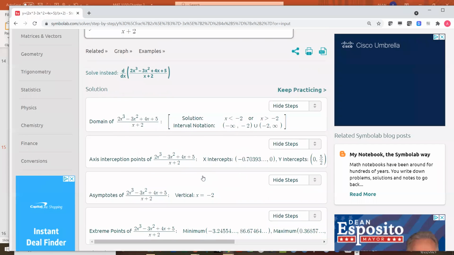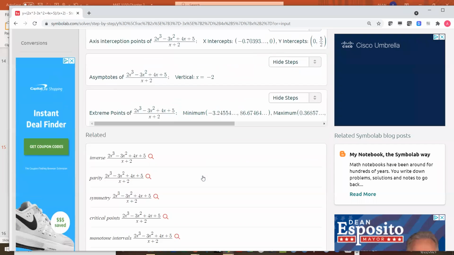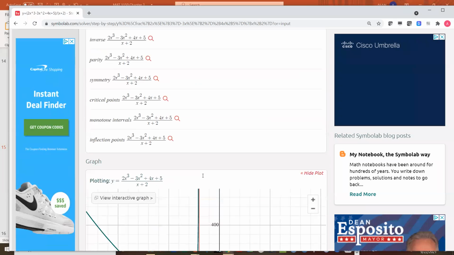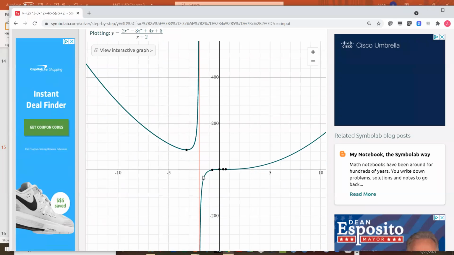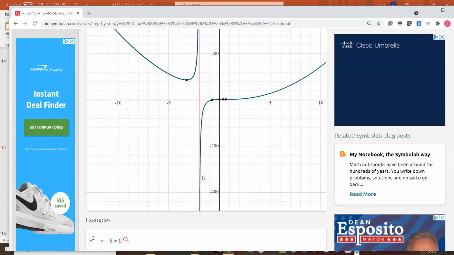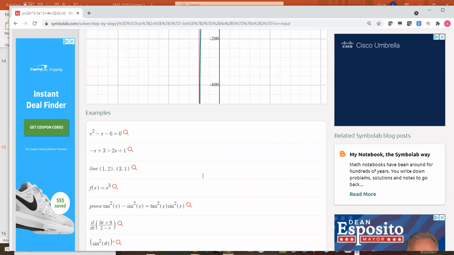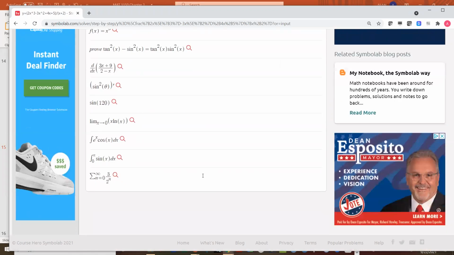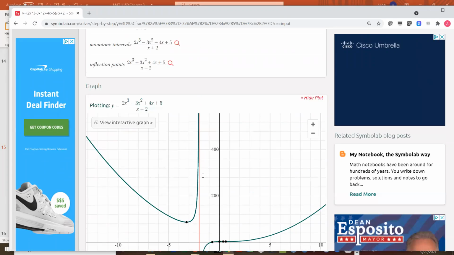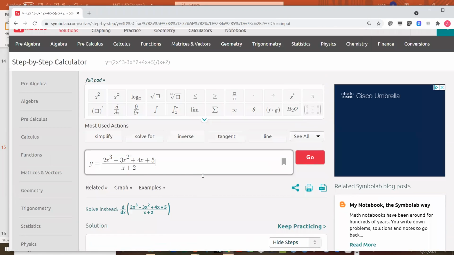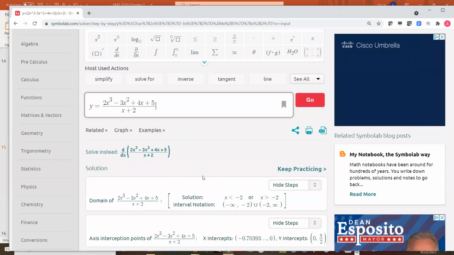All it did was graph it and find the intercepts and all the rest. I thought it might do the algebra, but I don't think so. Oh, that's so disappointing. Yeah, I mean, this is a nice product, but it's not exactly top of the line.